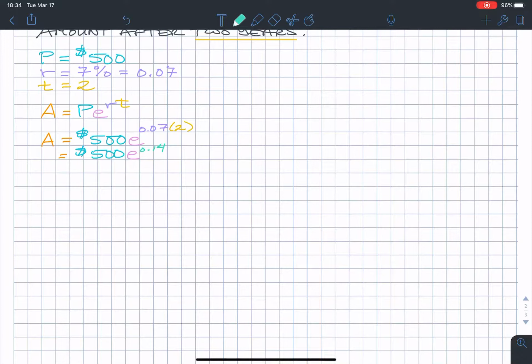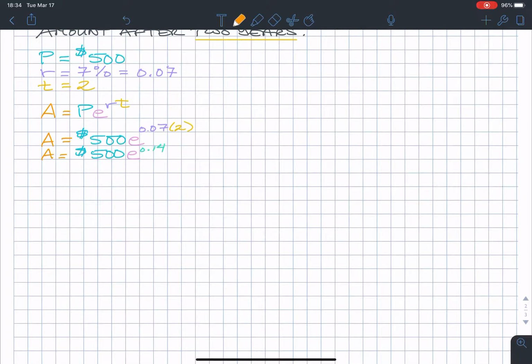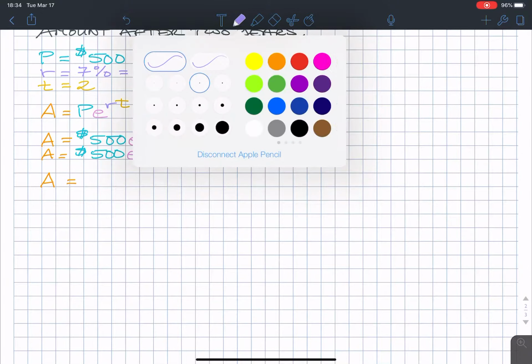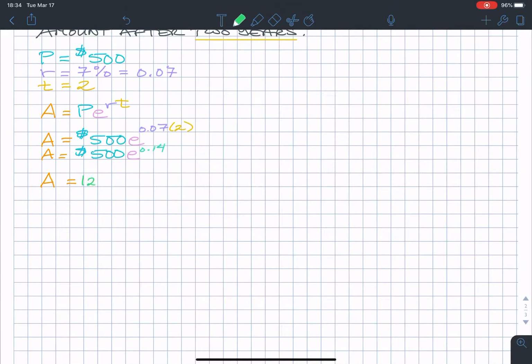So how am I going to calculate this now? How will I find the amount? What am I going to plug into my calculator? Now I'm not sure it'll be the same on your calculator, but this is how I do it on mine. Let's do green. I need to do second natural log because I need to get to the E button.